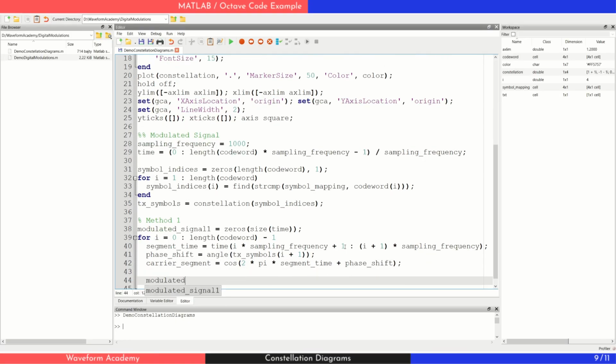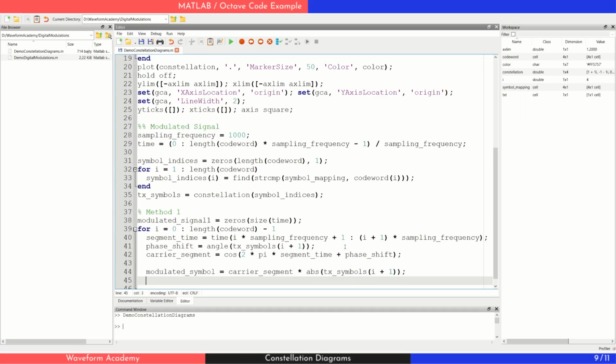Finally, we scale the carrier by the symbol's amplitude. This gives us a properly modulated segment, which we place into the overall transmitted signal.